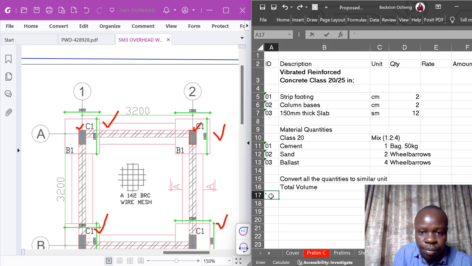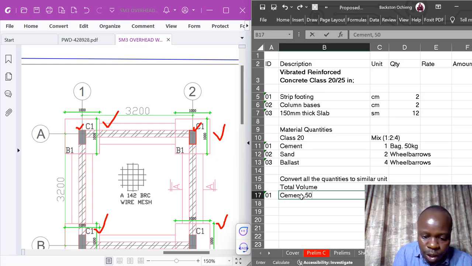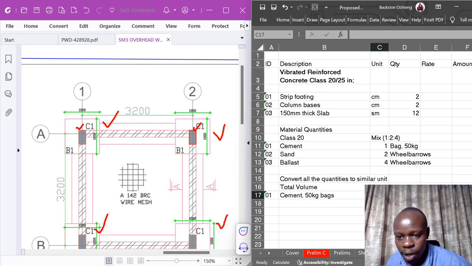Cement, 50 kg bags. On every cubic meter, we deal with 6 bags of it. Let me just make this better. The total volume in cubic meters is that.